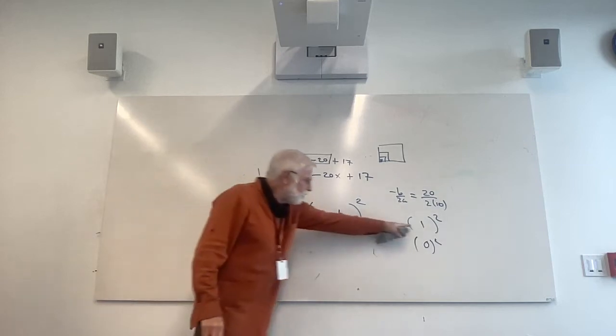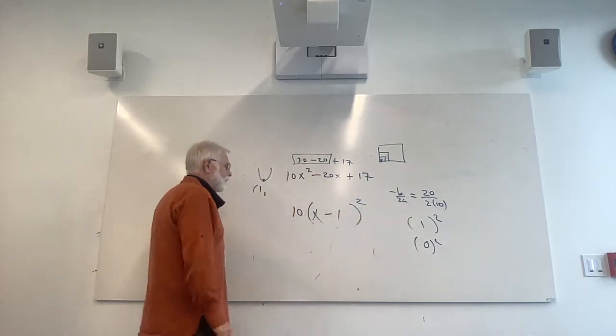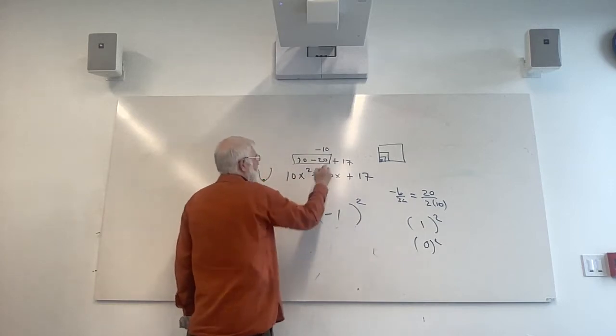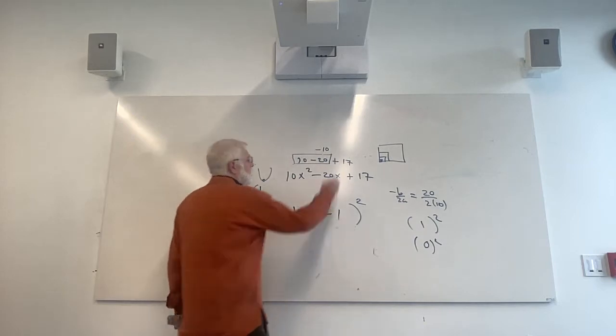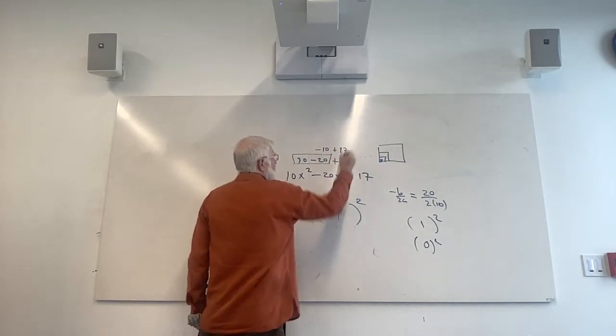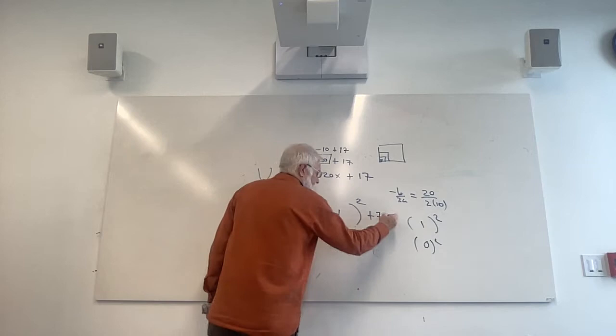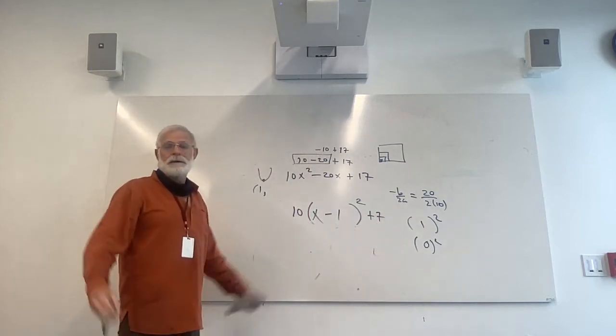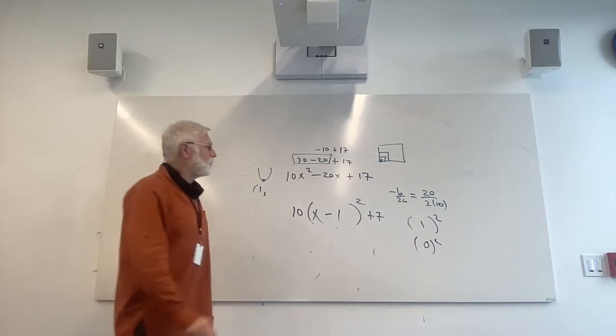So that number is correct. All right, so we put 1 in and we get this, and that's minus 10. I hope you see a little relationship there, plus 17, and that's positive 7. All right, that's how you do it. For those of you who know how to do that, great, here's a quicker way.